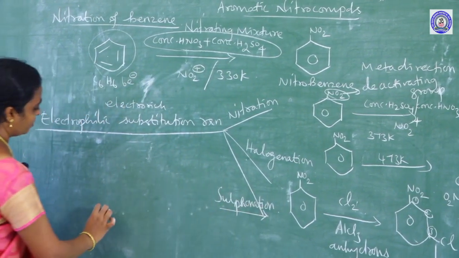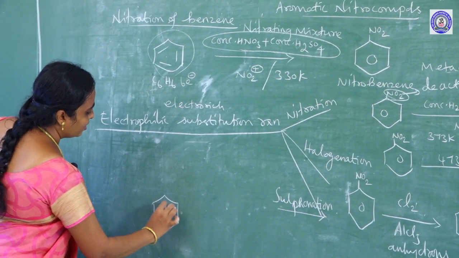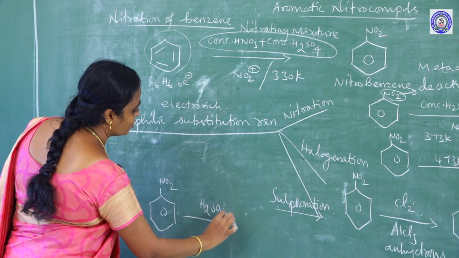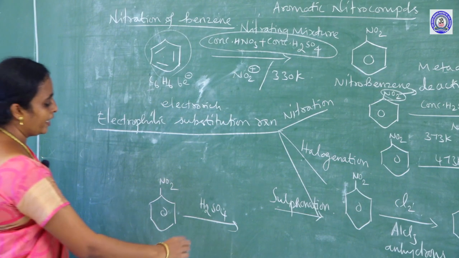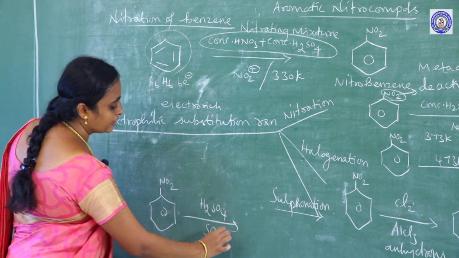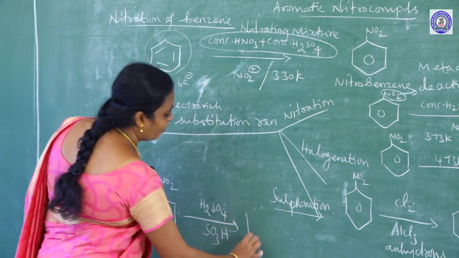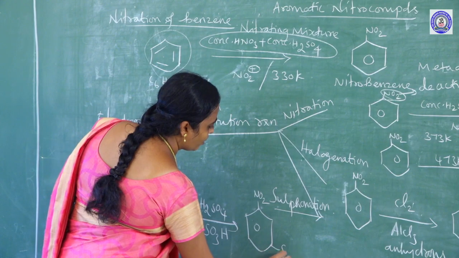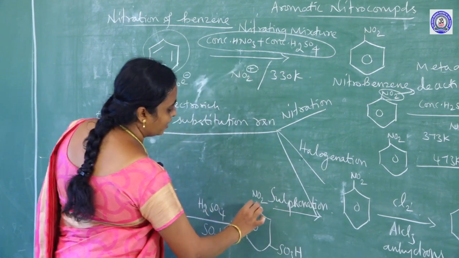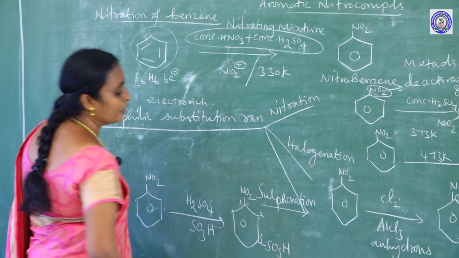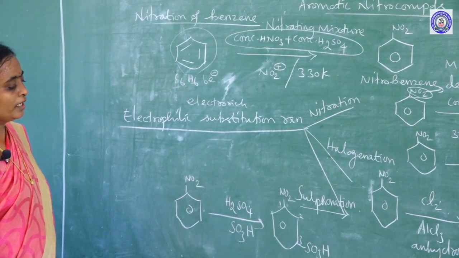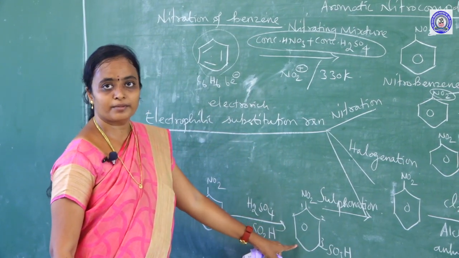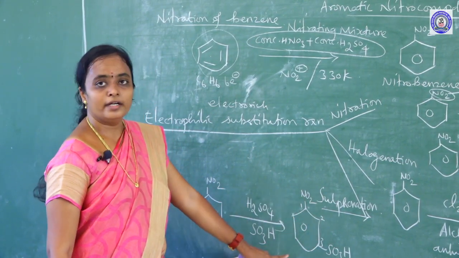In the same way, if I am taking sulphonation, sulphonation means if I am taking nitrobenzene and using the reagent H2SO4, the electrophile SO3 should be added, that is in the form SO3H. So, at the meta position to NO2, the position is occupied by a sulphonic acid group. So, this compound is a sulphonic nitro derivative.